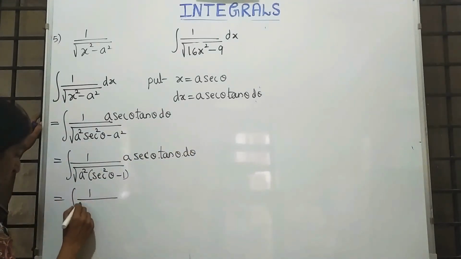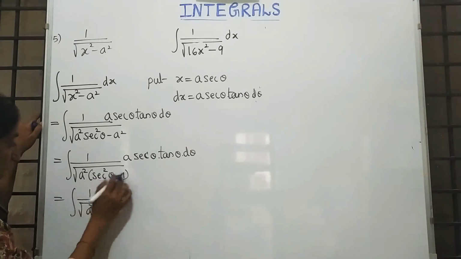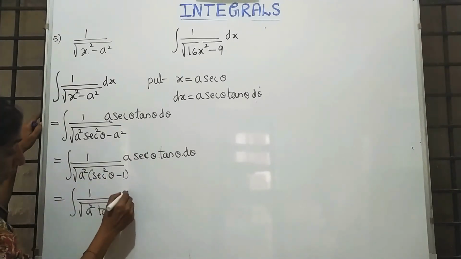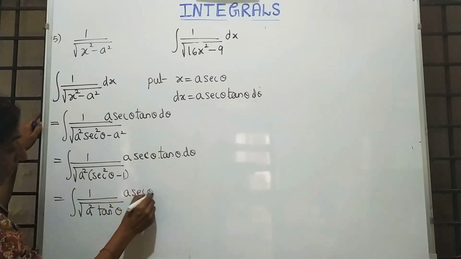Secant square theta minus 1 is tan square theta, if you remember the first year trigonometric identity.